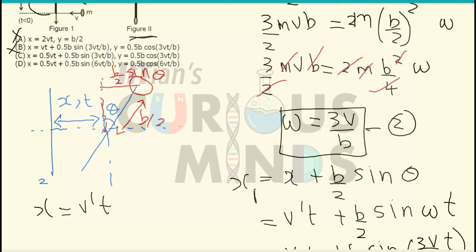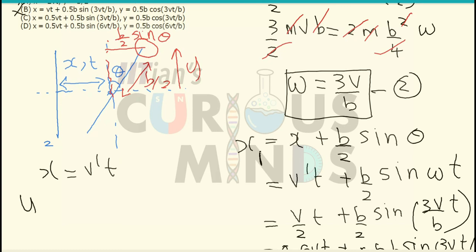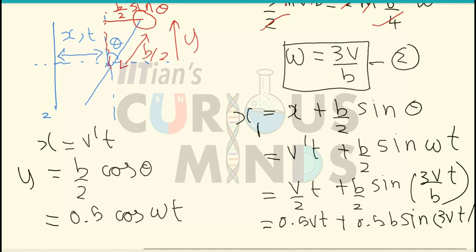As you can clearly see from the diagram, the y displacement is equal to b by 2 cos theta, which is equal to 0.5 b cos omega t, and omega is equal to 3v by b.